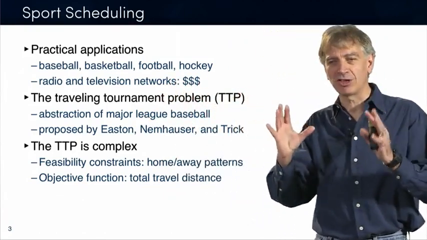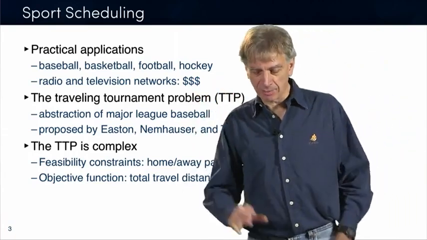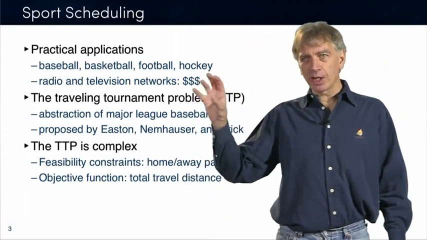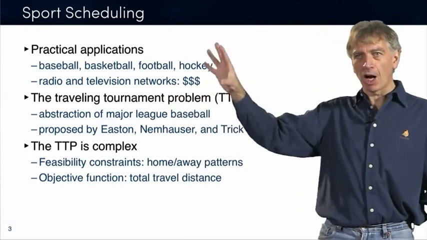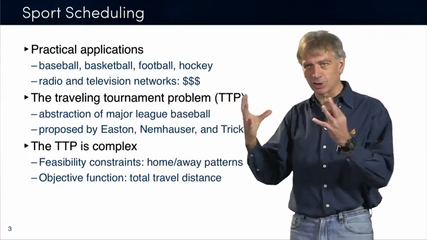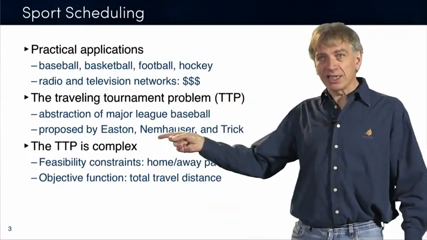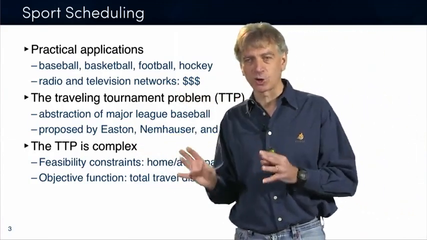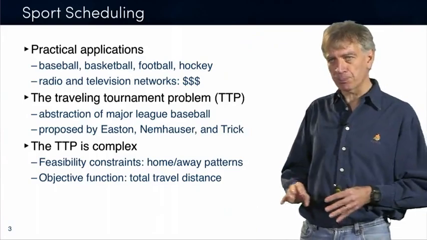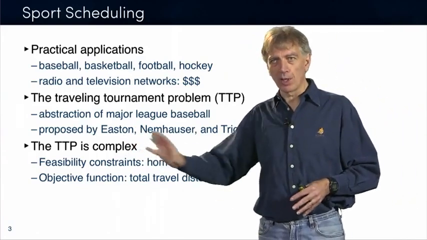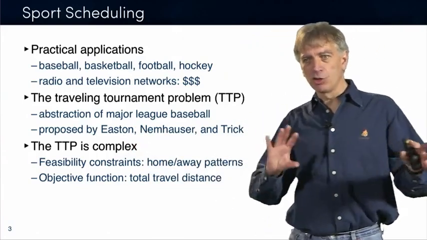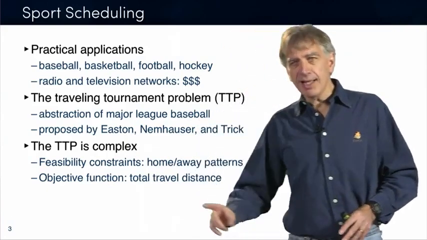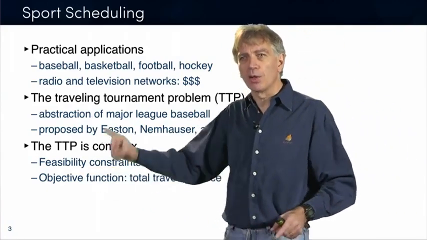You will see it's a beautiful problem. It's very simple to state, and amazingly hard. It abstracts Major League Baseball, which is more complicated, but it's essentially the essence of it. Why is it complicated? Because you'll see two things. First, very complex feasibility constraints, which I'll explain later: essentially home-away patterns, the fact that teams cannot play too many games at home or away. Second, a very complex and global objective function.